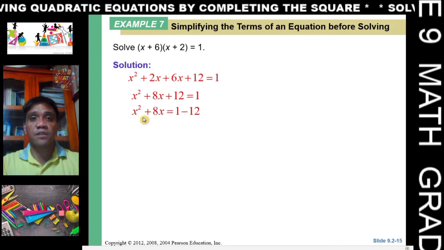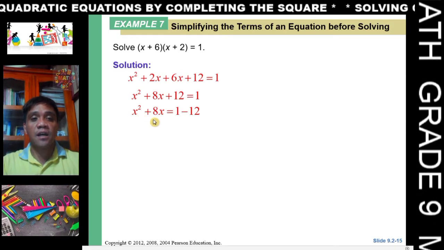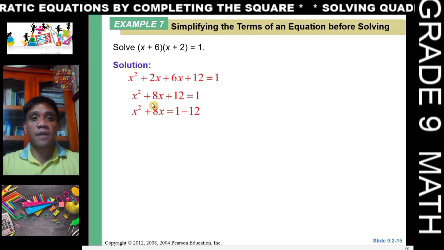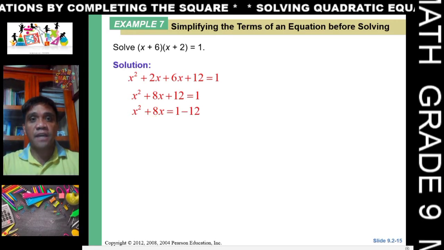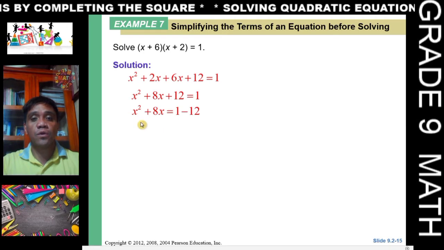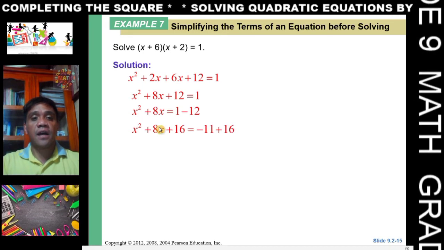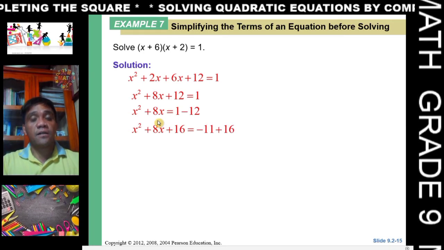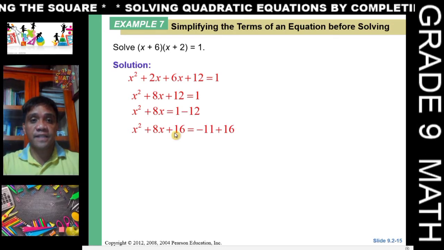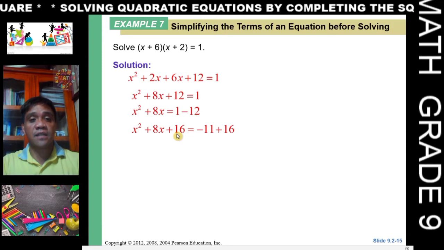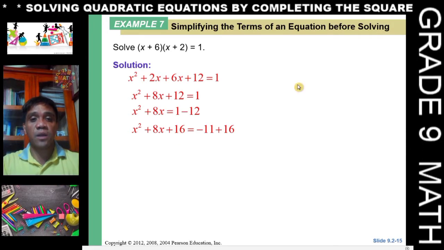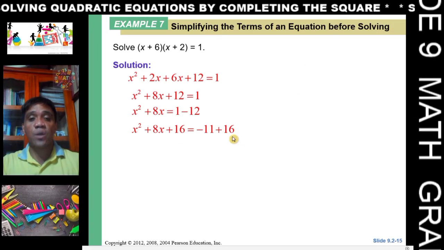So yes, the next part is we're going to make the left side of the equation a perfect square trinomial, and that is looking for the linear term 8x, its numerical coefficient, which is 8. Divide that by 2, half of it is 4, then the square of 4 is 16. So that is why we have 16. Add 16 on the left side of the equation as well as on the right side of the equation.